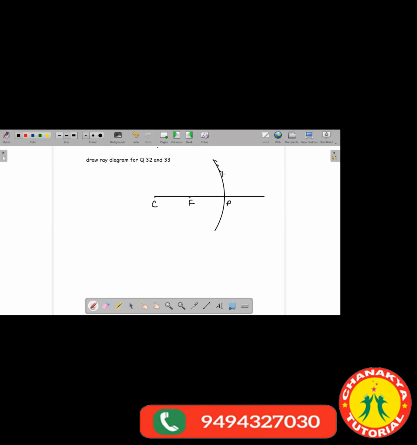Now you just shade your mirror like this. Keep the object at C, like this, and use the rules. You will get your exact image if the focus is exactly in between pole and center of curvature.